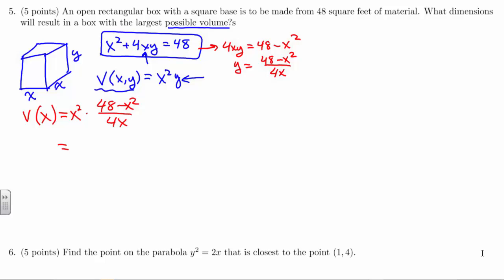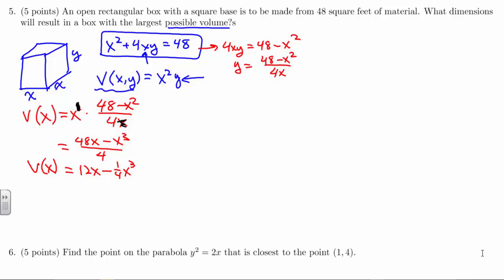Or, after canceling this x and one of those x's out, I've got 48x minus x cubed over 4. Or maybe even easier, 12x minus 1/4 x cubed. I think that's something I can work with. How about you?